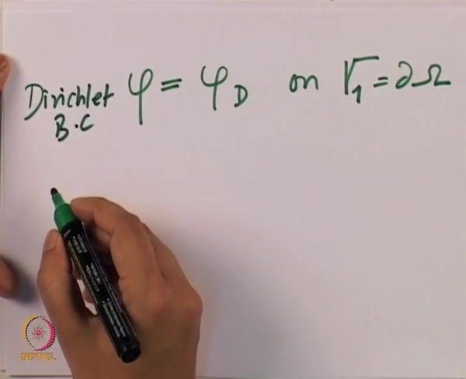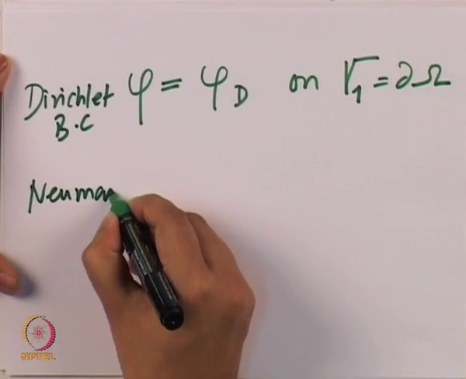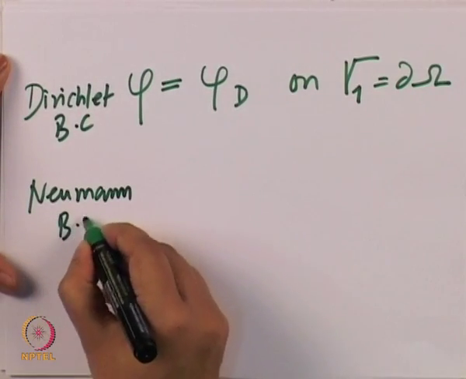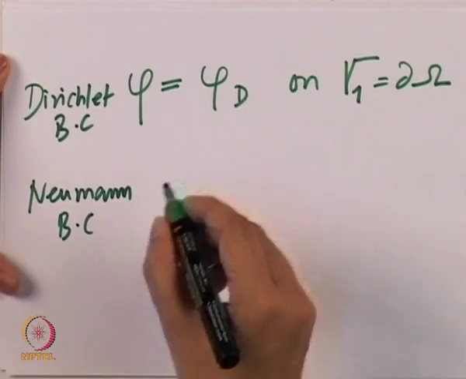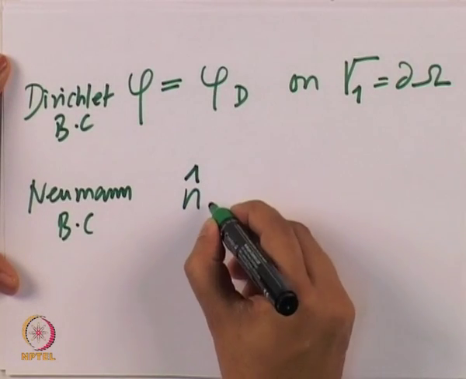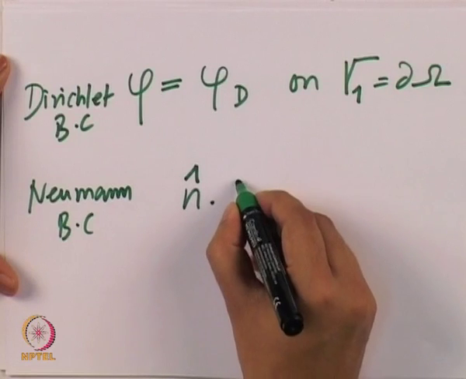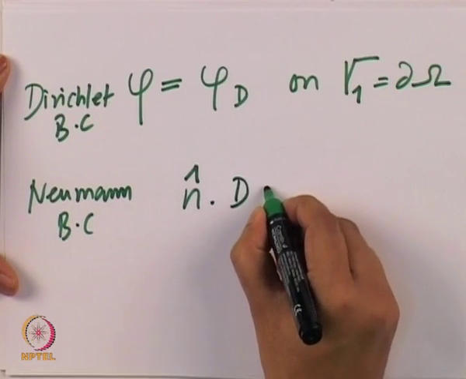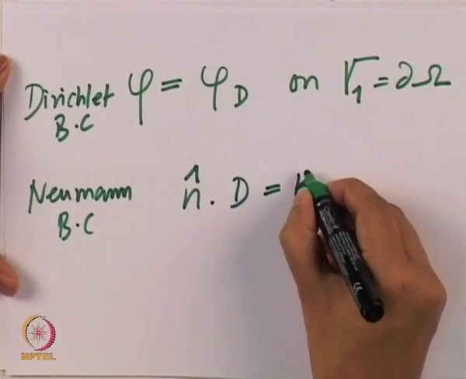We can also have the Neumann boundary condition, which is given by the normal component of the electric displacement D equal to a certain value, let us say kappa n.